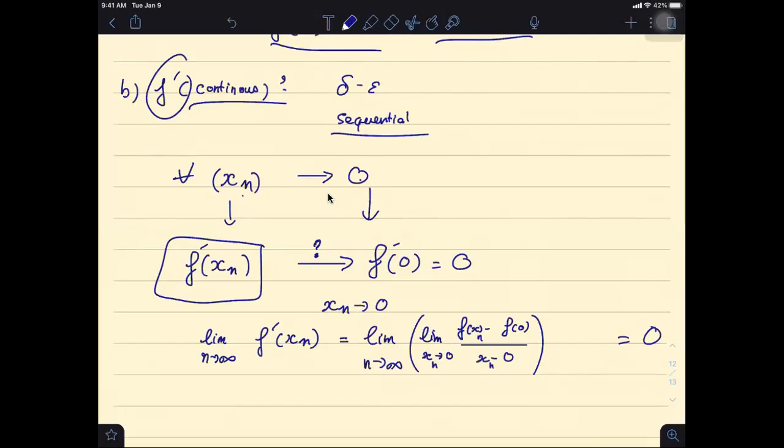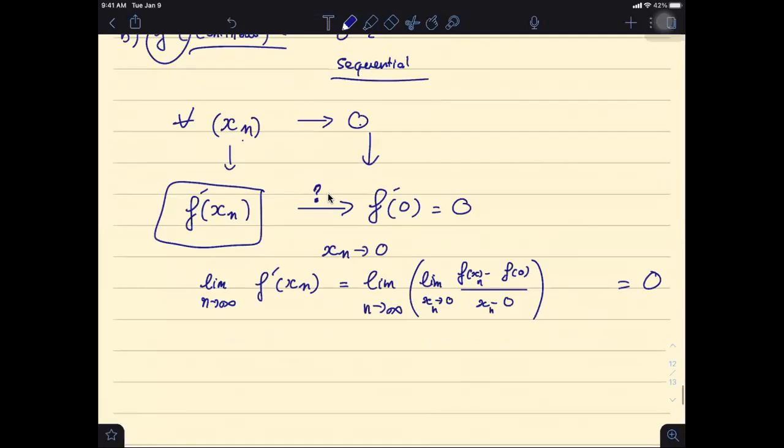Does it equal to 0? I don't think so. You should expect that f prime is continuous. No. Sorry, my bad. No. You shouldn't. Why is it not equal to 0?